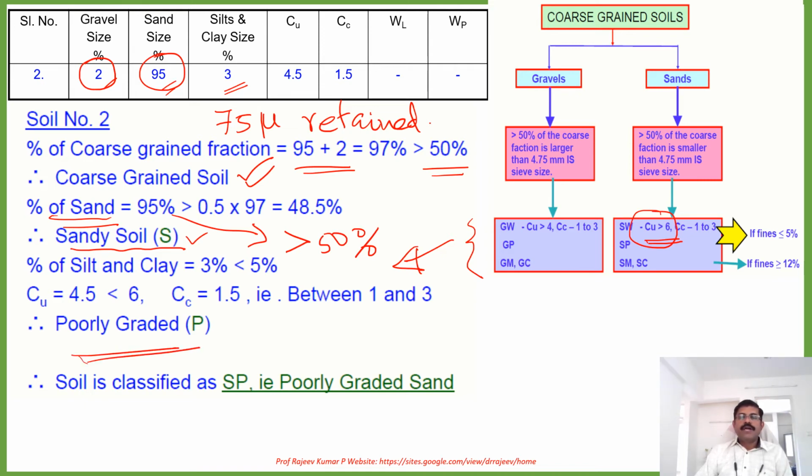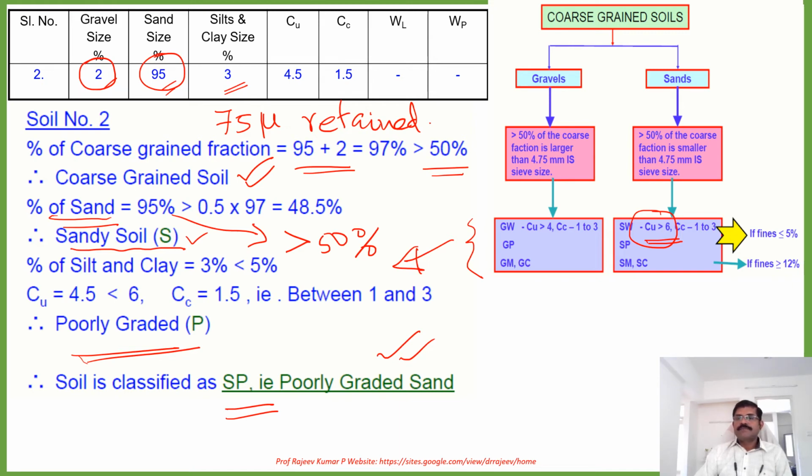The percentage fine is less than 5%, so it is termed as poorly graded soil. So this is the answer. This is exclusively for coarse grained soils.